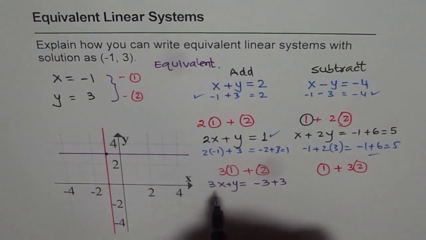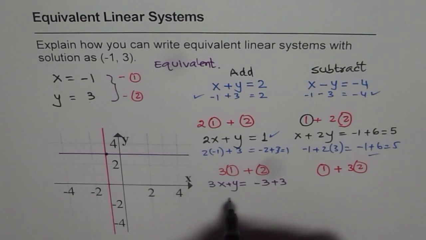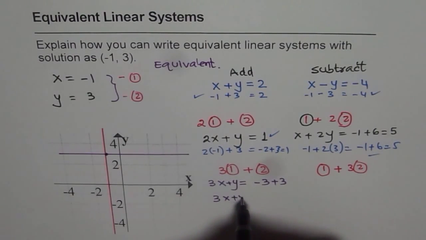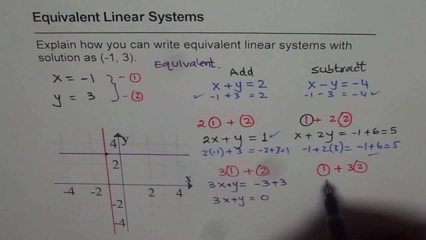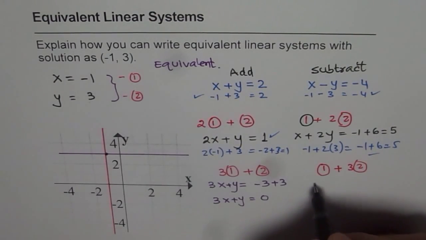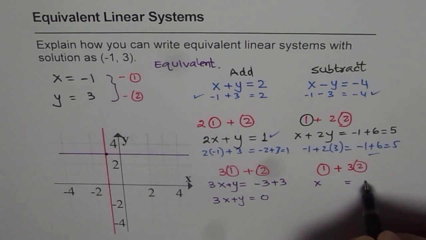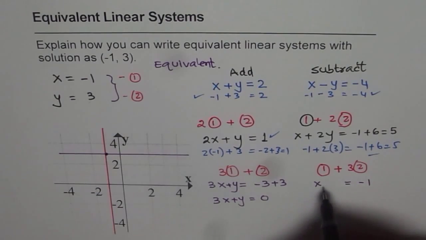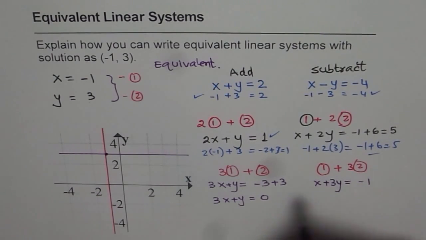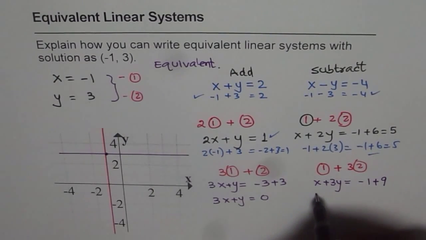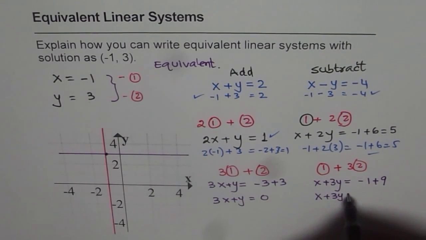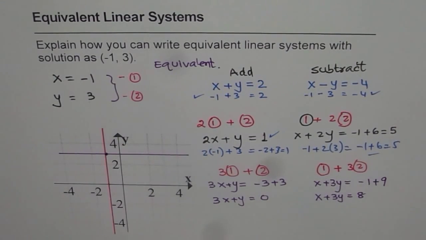So I get 3x plus y equals 0. That is one of the equations. The other one, first equation as such, x equals -1, and the second equation multiplied by 3 and then added: 3 times y, and 3 times 3 is 9. So I get x plus 3y equals 8.